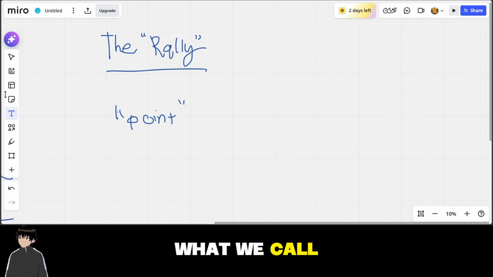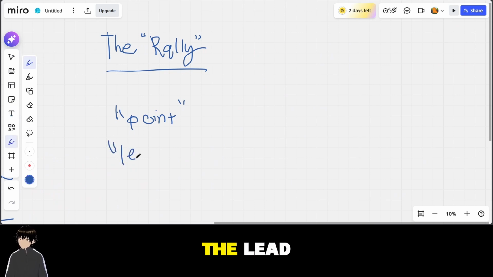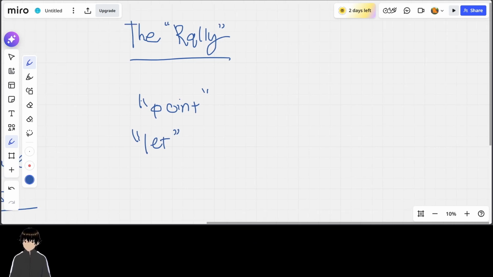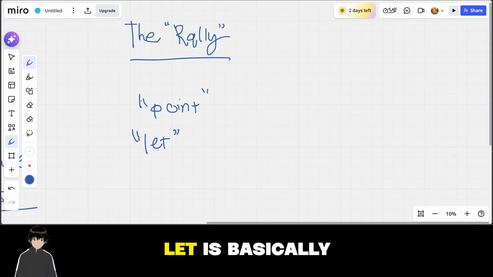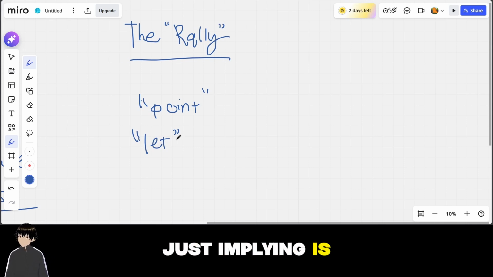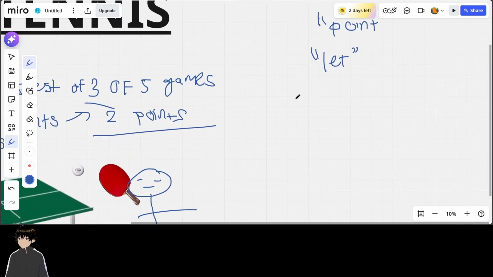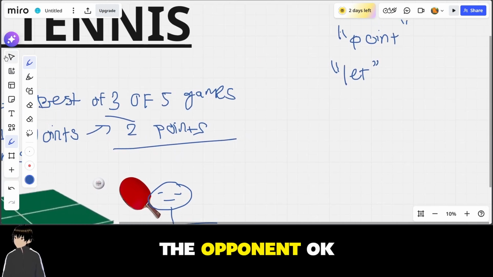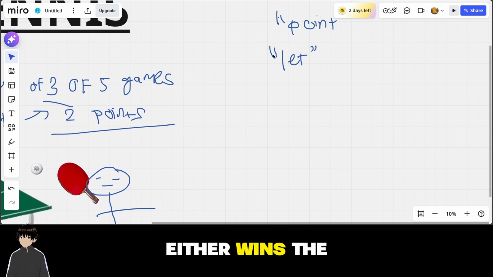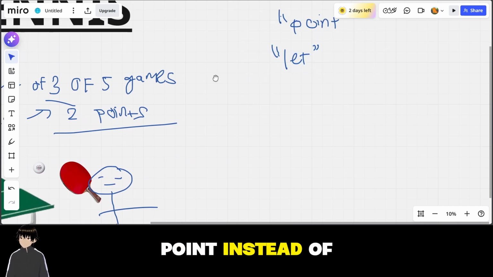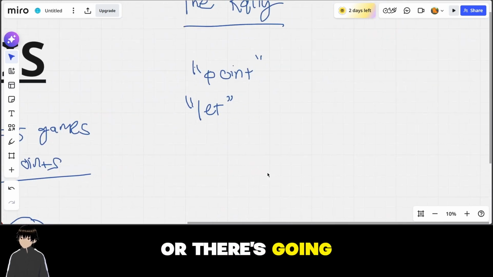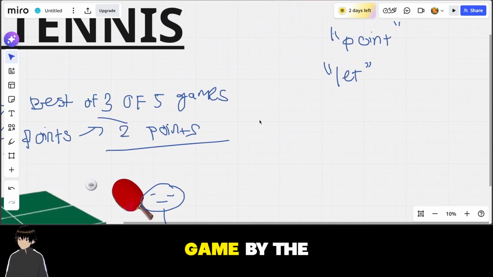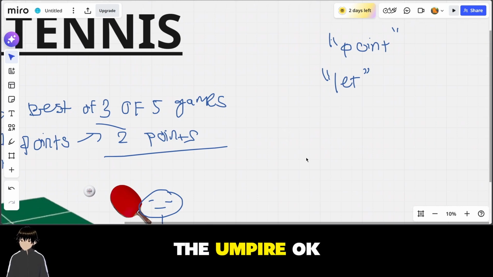Now we have what we call the let. What the let is basically implying is that either the opponent wins the point instead of you, or there's going to be some sort of interruption in the game by the referee, the umpire.